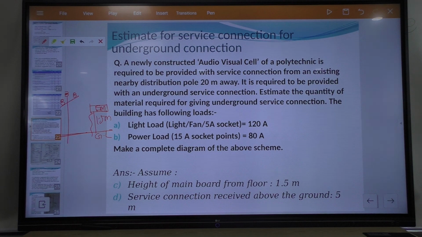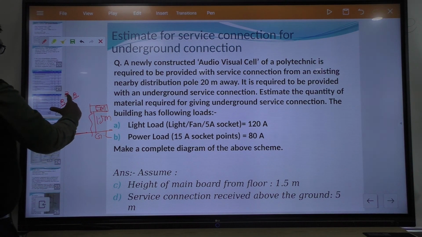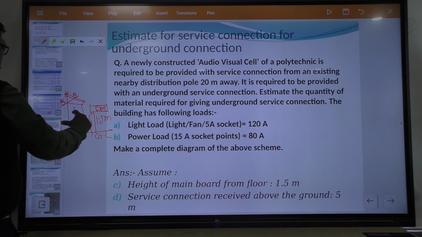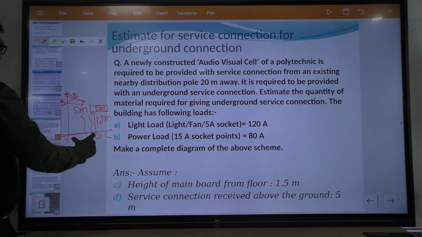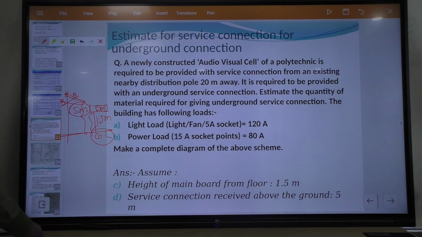So service connection received at a height of 5 meter. Service connection to be received at a height of 5 meter from the ground level. Between ground level and 5 meter distance, our service connection should be taken.